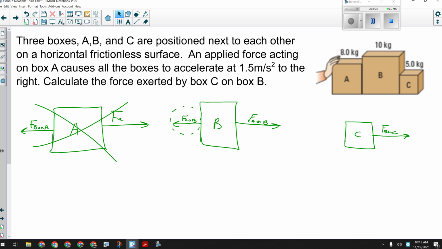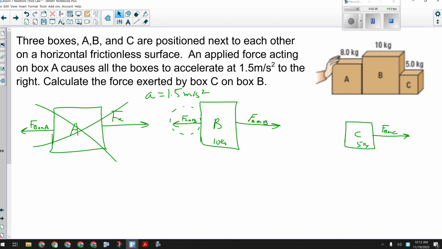Obviously the force I want to find is acting on box B, so hopefully I can use box B to find it. The other thing we know is the mass of all of these boxes. B is 10 kilograms, C is 5 kilograms, A was 8, but we've already established we're not using A. We also know that the system is accelerating at 1.5 meters per second squared to the right.